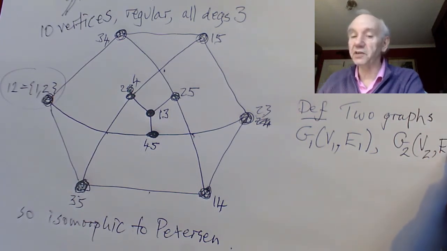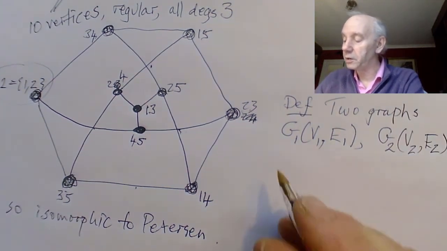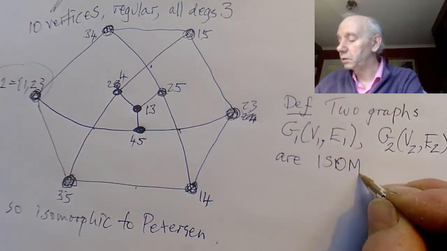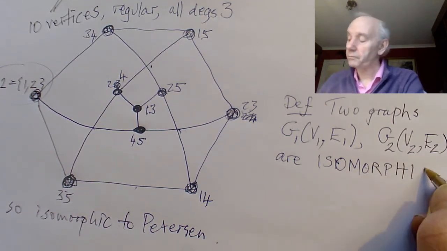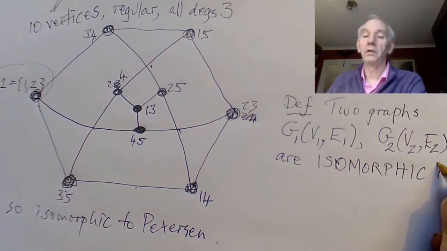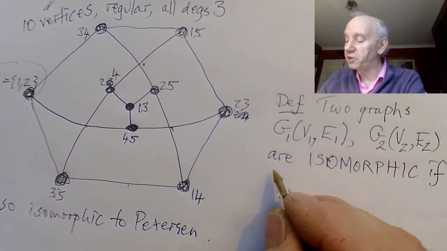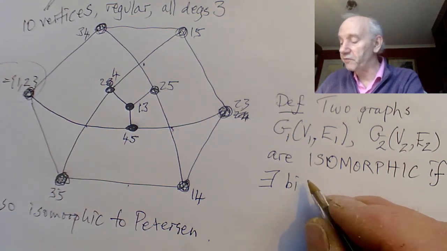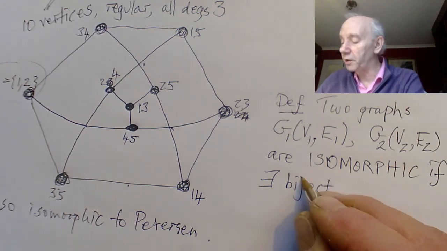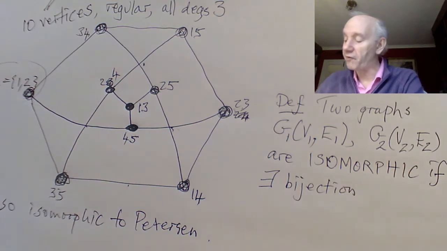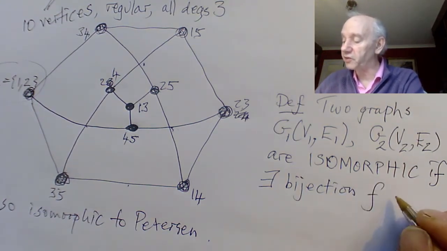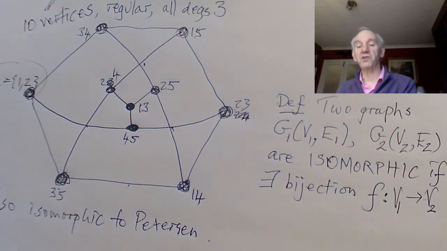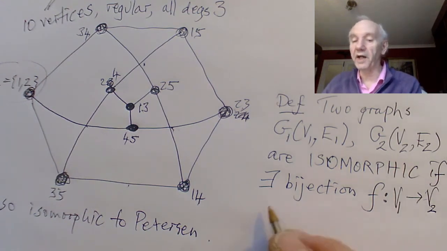So two graphs are said to be isomorphic if there exists a bijective correspondence between their vertex sets. So there exists a bijective mapping F from V1 to V2. So we can map each vertex of the first graph to a vertex of the second graph, with the property that connectivity is preserved.